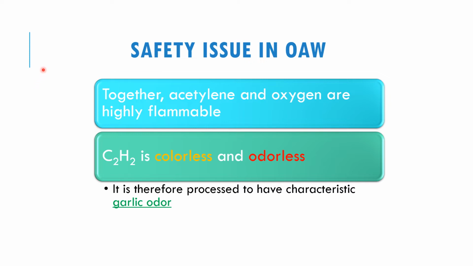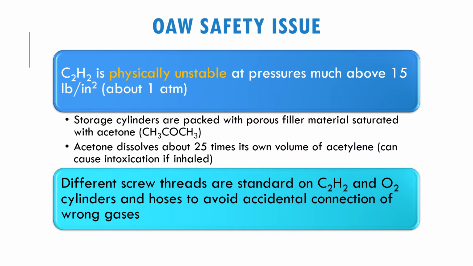If we don't know the color and we don't smell anything, and there is any spark of fire, it might start a big fire. That's why they process it to have the garlic odor. Apart from that, acetylene is also physically unstable at pressure above 15 lb, or around 1 atm.